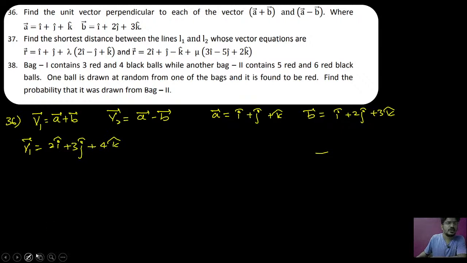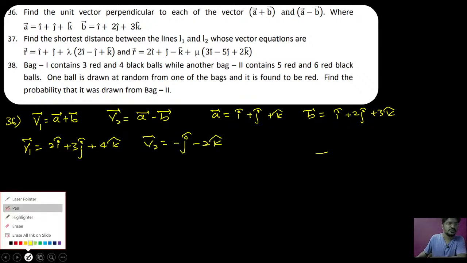In the same way, what is vector v2? Vector v2 equals a minus b. i cap minus i cap is 0, leave it. j cap minus 2j cap is minus j cap. k cap minus 3k cap is minus 2k cap.